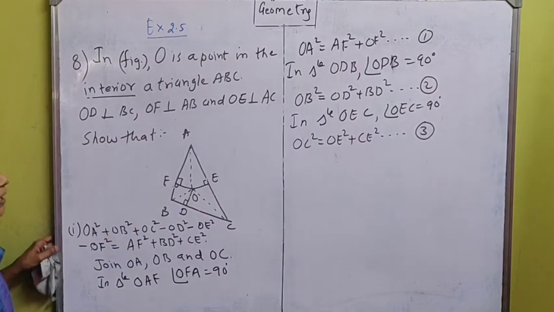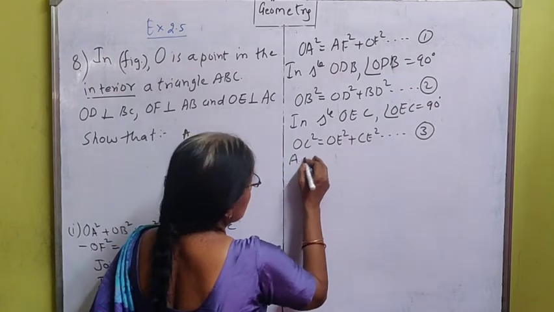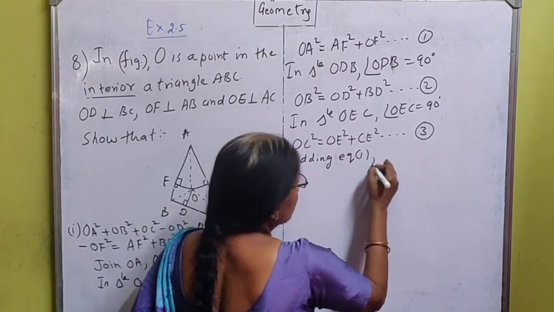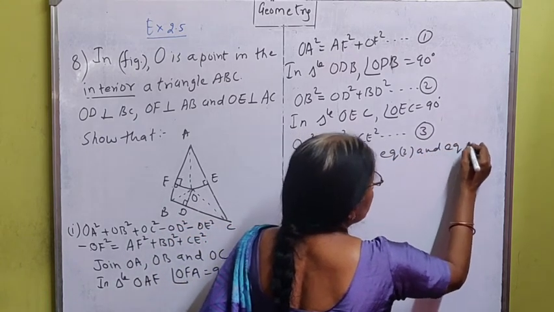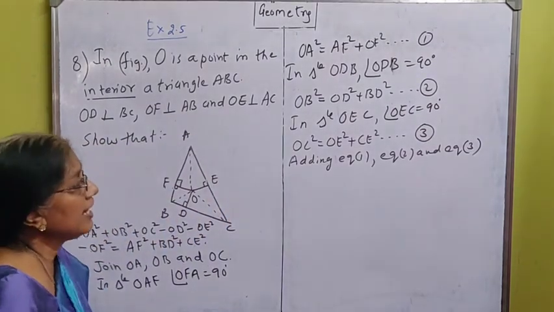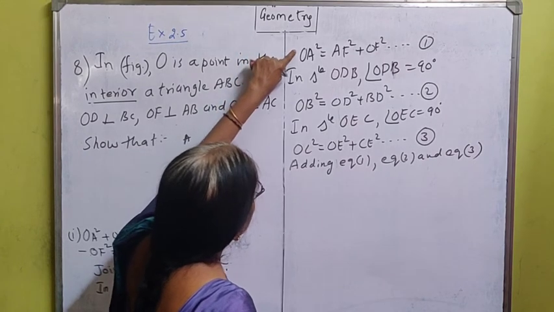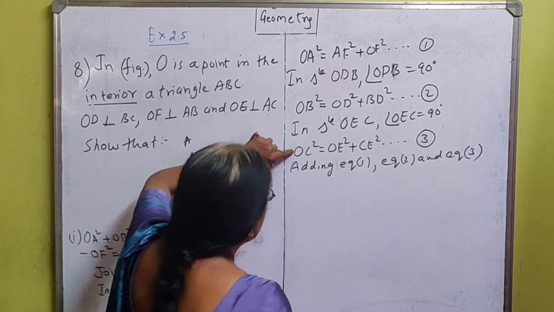Now what are we going to do? Add all these 3 equations. So adding equation 1, equation 2 and equation 3. Already I told you when we add the equations, left hand side should be added with left hand side. OA square, OB square and OC square are on the left hand side.